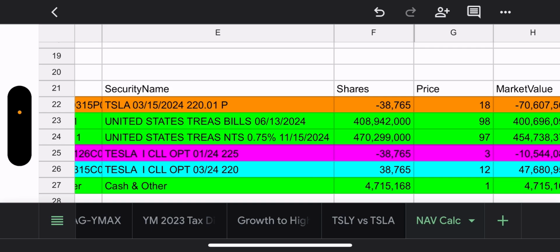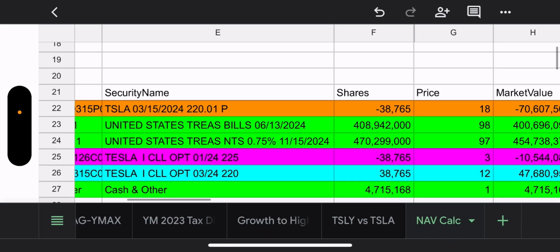The put that you see in orange will expire worthless, which is good for us because we're the seller, right? But since we're the buyer on the turquoise part, on the buy call, if it goes above the 220, now our position is valuable. So essentially we can make a profit off of that buy call.